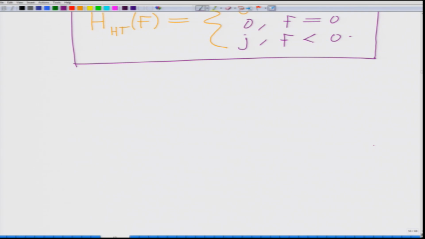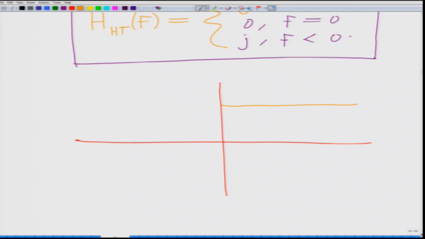And therefore, now if you look at the sine function, it looks something like this. So, let us first draw the sine function. Sine function is 1 for f greater than 0. So, this is in the frequency domain, this is 1 for f greater than 0, at 0 it is equal to 0, and for f less than 0 it is minus 1.